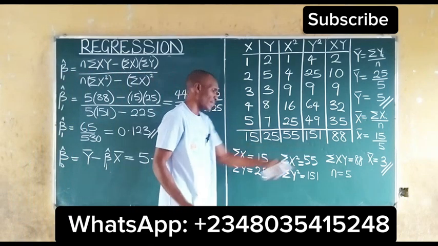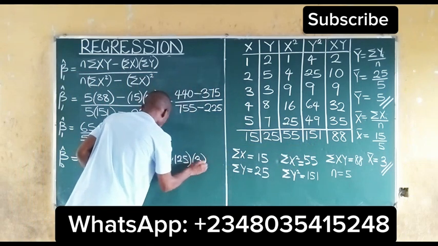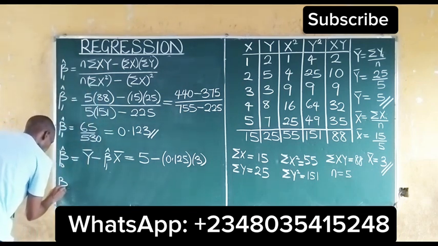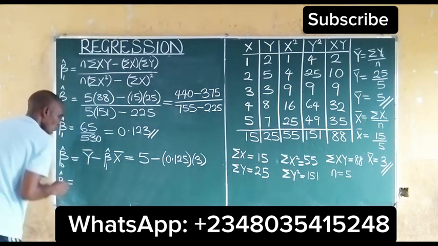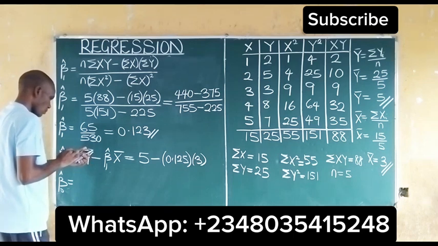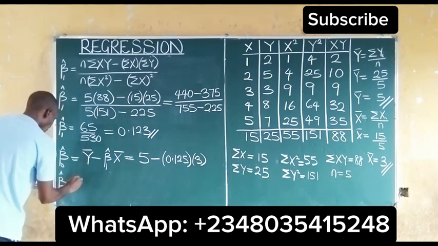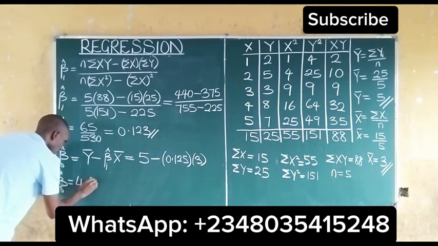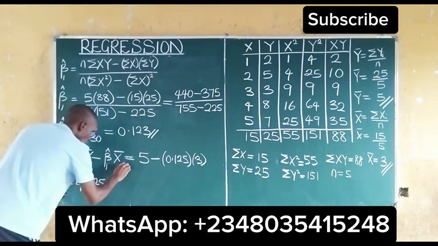What is our x bar? 3. So our B naught is equal to 4.625.